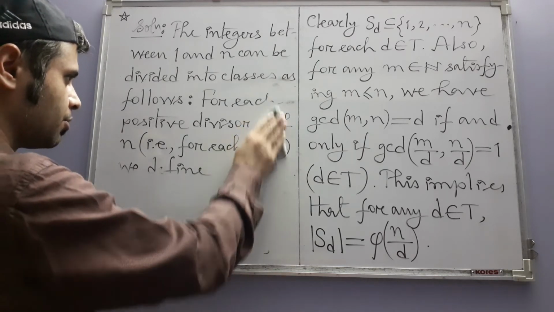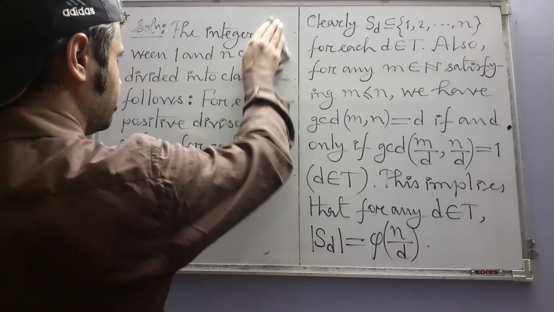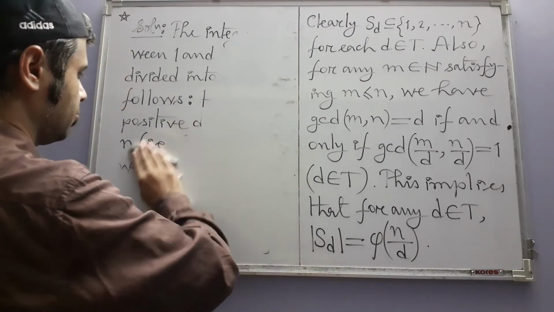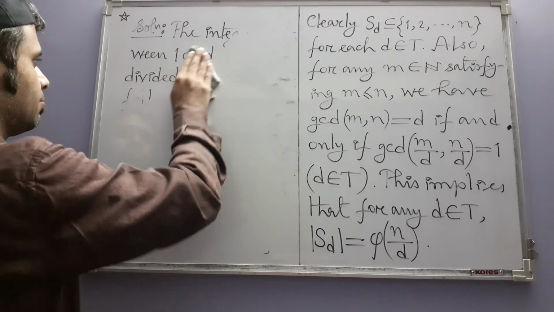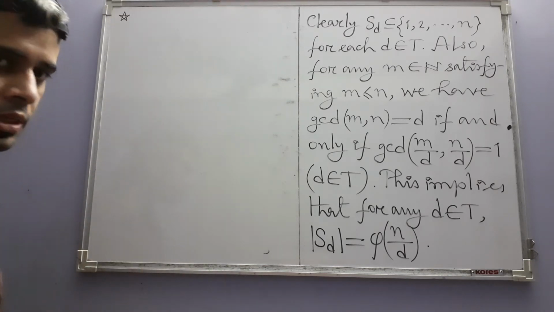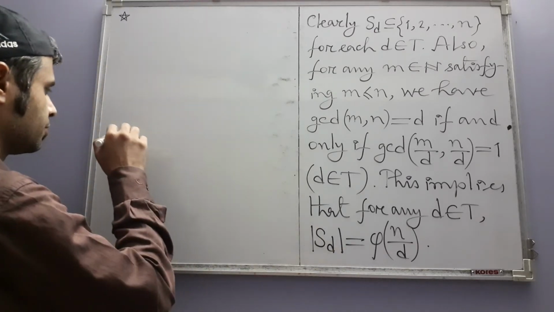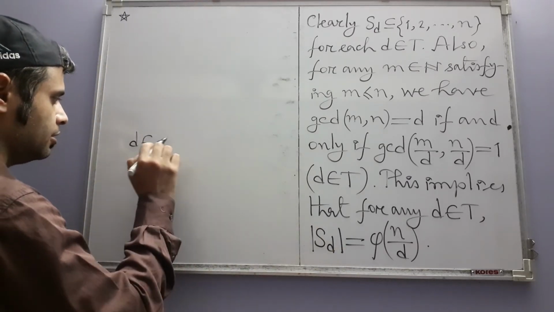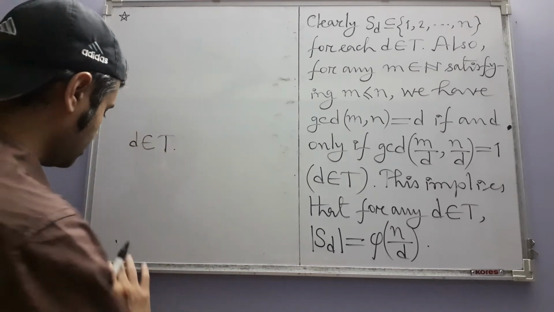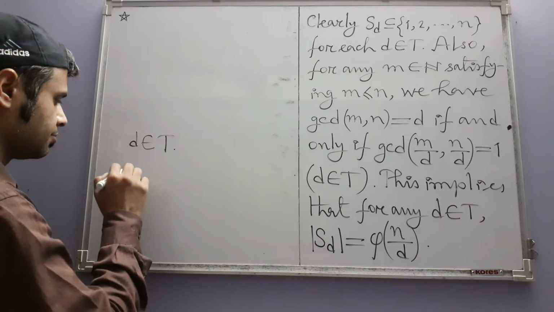That, however, we won't make a part of this solution itself, but I'm going to show you now. Of course you have to fix d first. So now d is any d from T, but it's arbitrarily fixed.